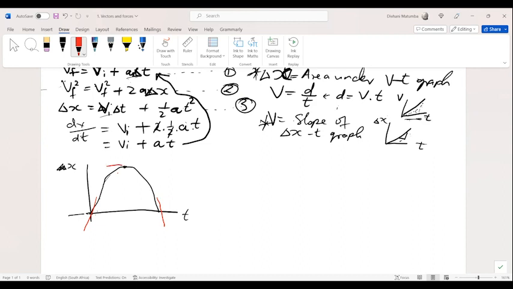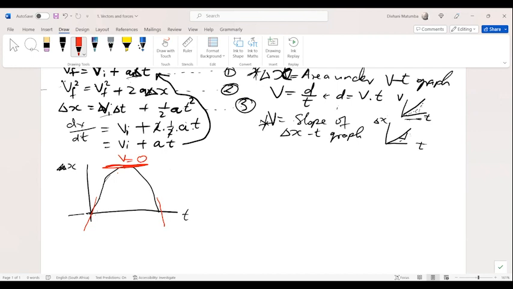And what happens when your object reaches a peak? Your instantaneous slope is relatively flat. So your velocity will be 0.